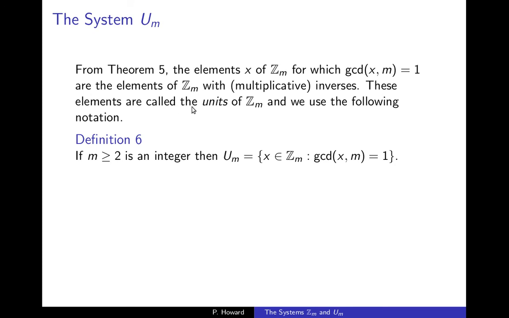So what we've been looking at in the last few slides are the elements of Z sub m that have multiplicative inverses. These are called the units of Z sub m, and we use the notation U sub m to stand for the set of units in Z sub m. So U sub m will be the set of integers x in Z sub m such that the greatest common divisor of x and m is 1.